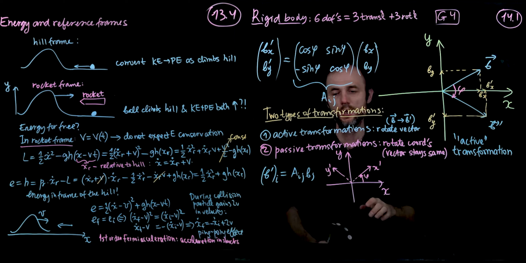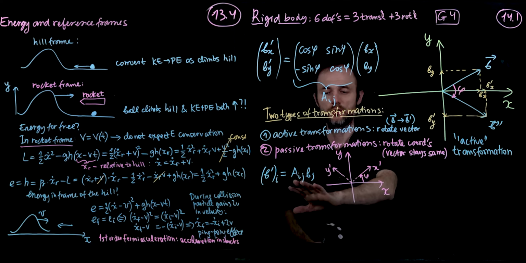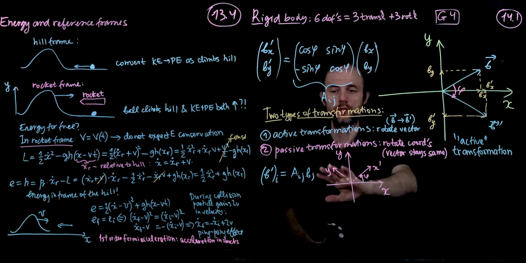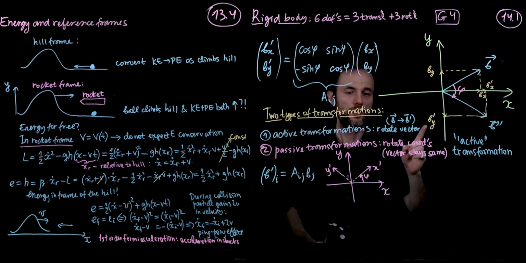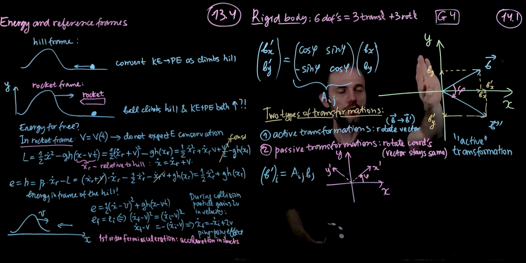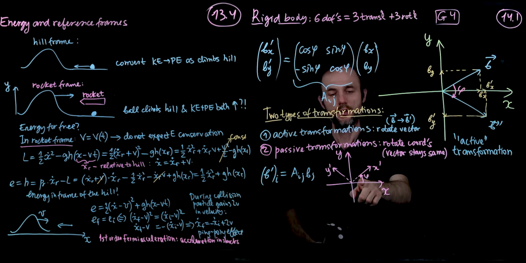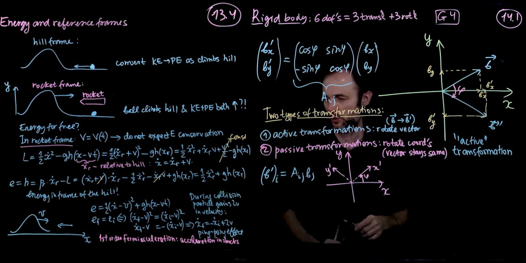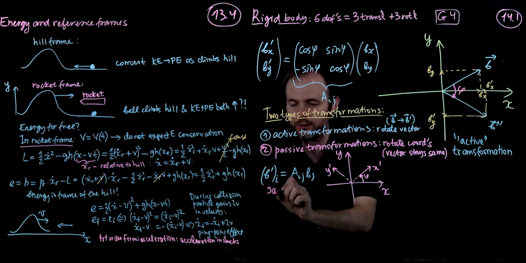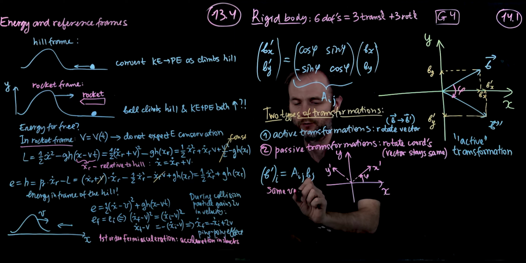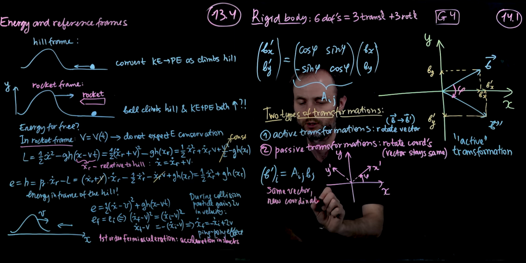So you see that the same exact rotational matrix works in both cases, except that the sign of phi changes. Here we rotate it clockwise, and there we rotate counterclockwise. So this is same vector, new coordinates.